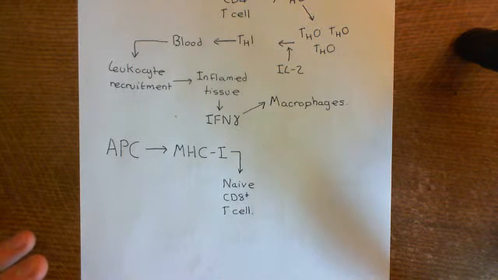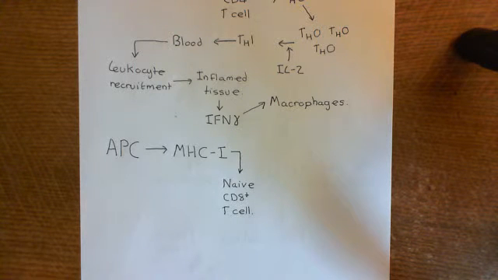So the antigen-presenting cell with this antigen fragment on MHC class 1 will go into the lymph nodes and it will search for a CD8 positive naive T cell which has a T cell receptor which is complementary to the antigen fragment that it is presenting.